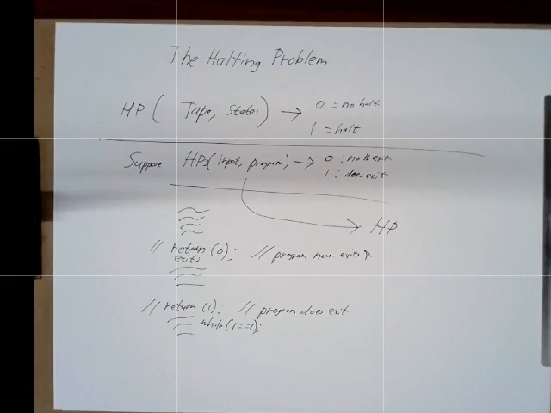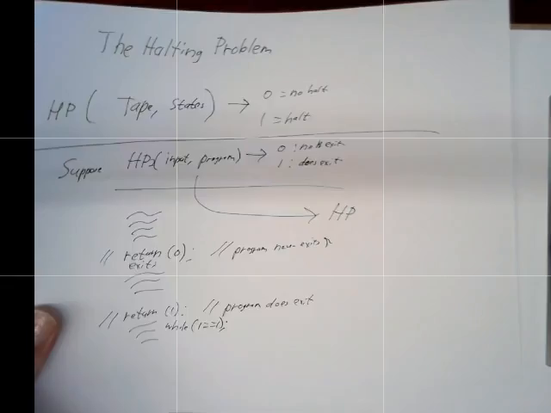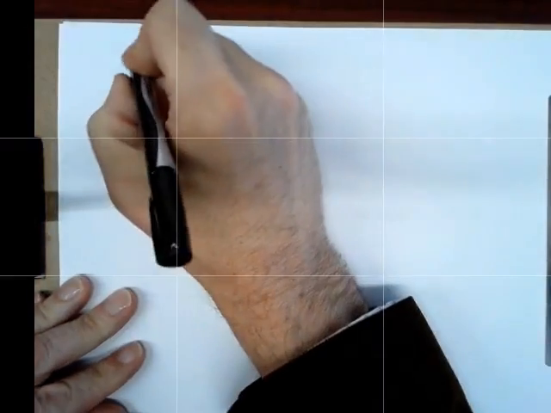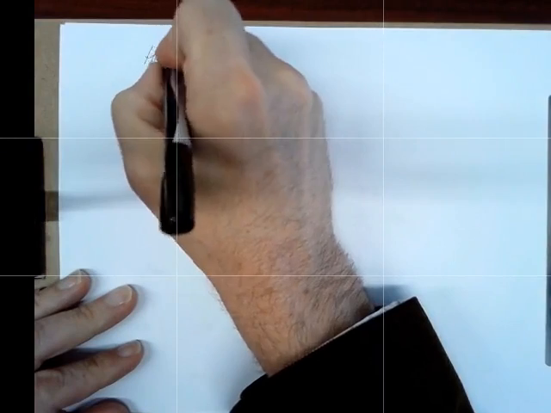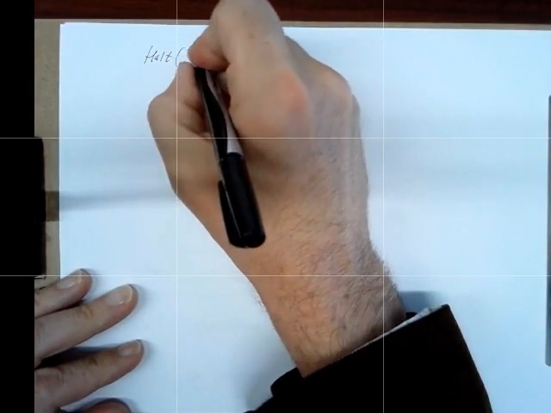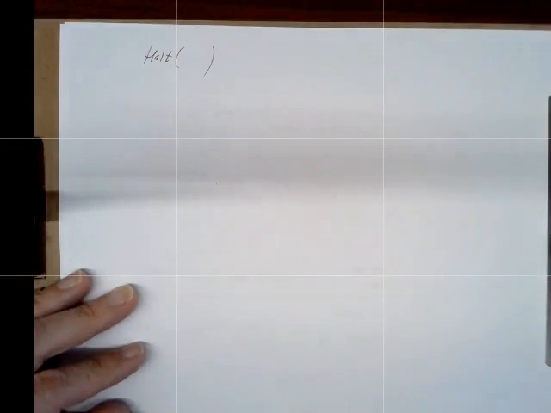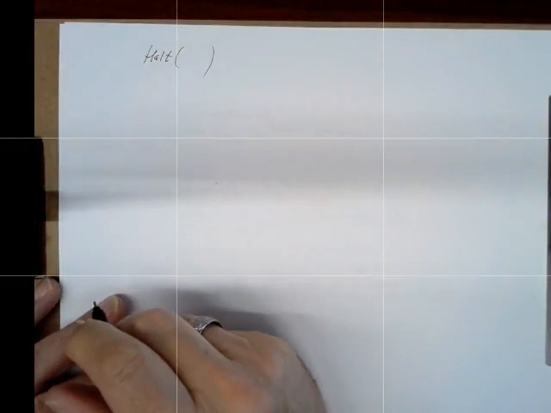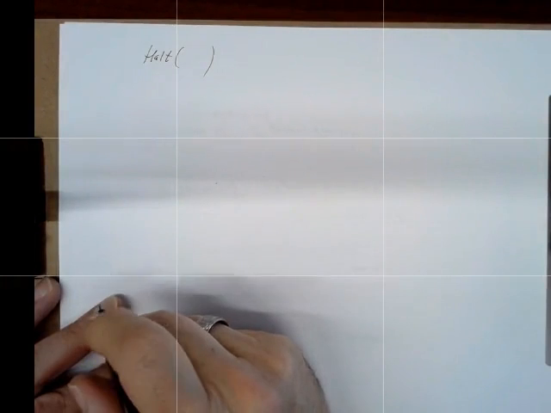I'm not seeing where the issue is. Okay, let's try this a different way. Let's get rid of the function. Let's just make a program. You're going to give this a program in C, and you're going to give it the input file that the program is running on, right?